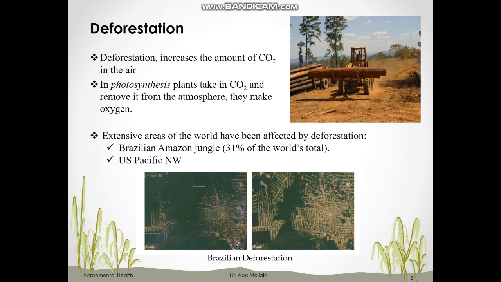Unfortunately, extensive areas of the world have been affected by deforestation, especially the Amazon, which covers almost 31% of the total forest areas, and particularly in recent years. Another area affected by deforestation is the U.S. Pacific Northwest in Washington state, mainly due to logging and wildfires.